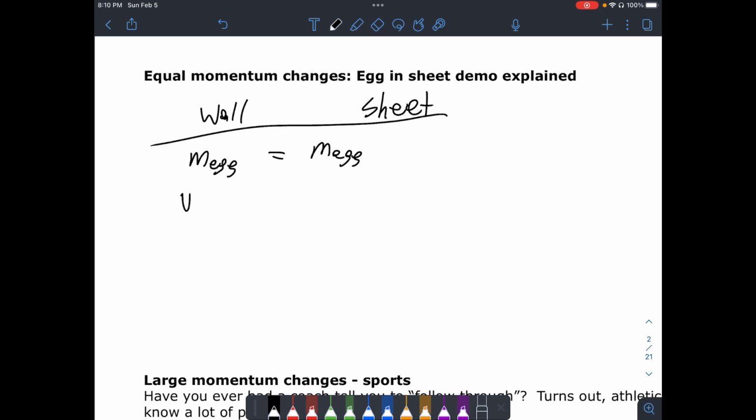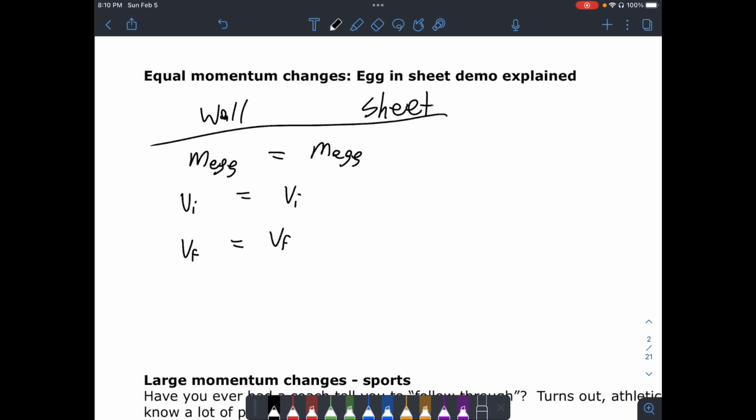We're going to assume that our initial velocity is equal in both. We're throwing the egg with the same speed, and both eggs are going to end up with the same speed, v final, because they're both going to stop moving. So their final velocity will both be 0.